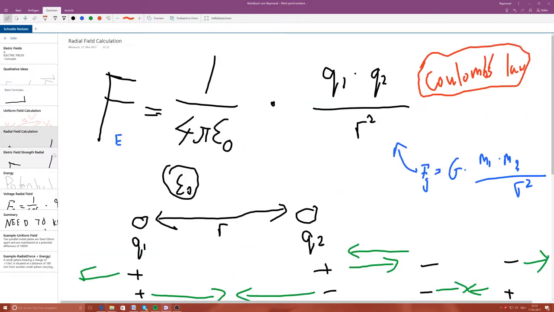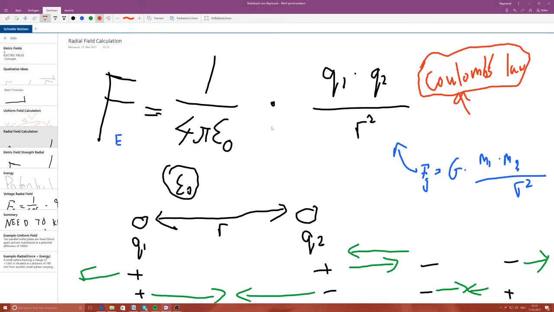So now moving on to radial field calculation, we have the second key equation. Since uniform field calculation is generally quite simple, most questions that you'll probably encounter, the ones worth a lot of points in your exam, will be radial field questions, and as such I would recommend this as the second key equation to remember. It's commonly referred to as Coulomb's law, and it's truly important.